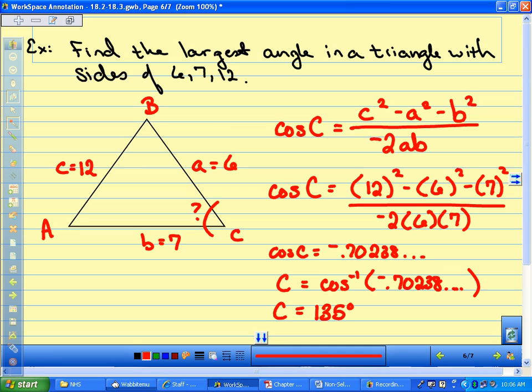Does that seem reasonable? Yes. We know that C is the largest side, so this has to be the largest angle. Could there possibly be an angle larger than 135 in a triangle? Absolutely not. Now again, though, I asked you, do you have to memorize this variation of the law of cosines? Absolutely not. Watch this.